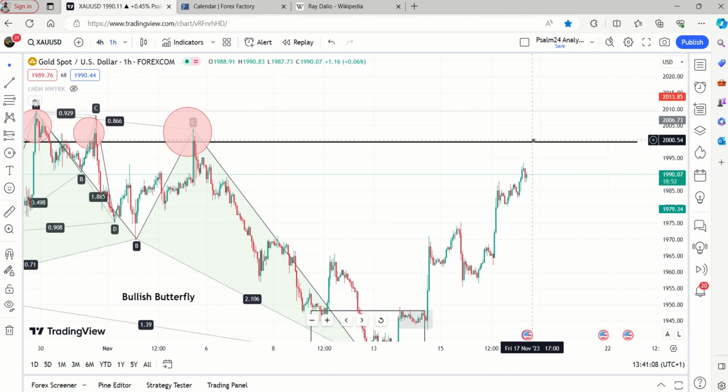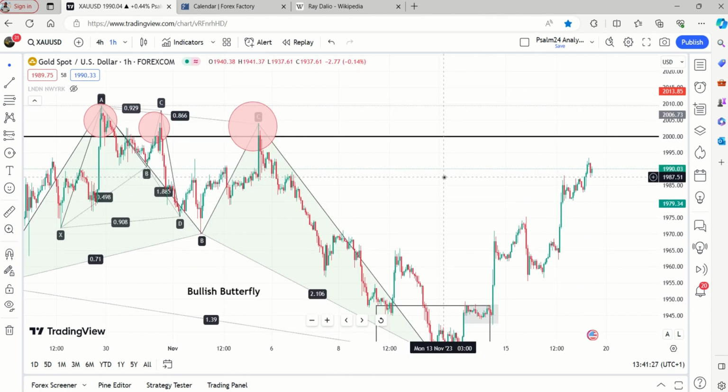So what is our anticipation? We are anticipating that more economic releases would cause gold to break out of this zone. Why? Number one, the US dollar. The US actually is in great debt.